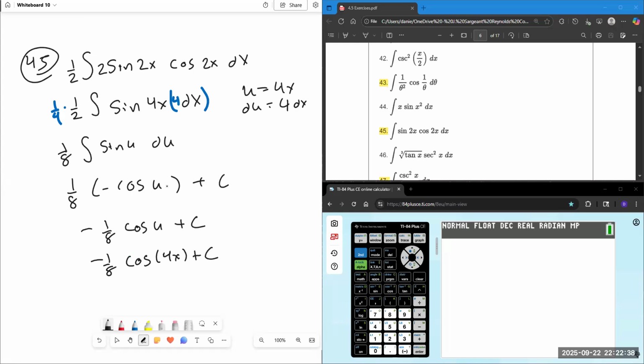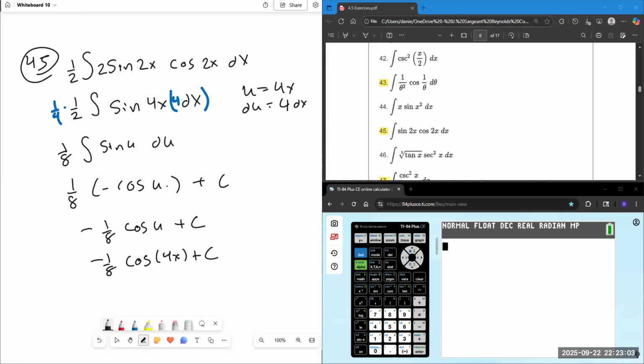Now there's more than one way to do that problem. If I had looked at cosine as the exact derivative of sine, then I could have just done a 2 here and a 1/2 on the outside, and I would have gotten 1/4 sine squared of 2x plus c.